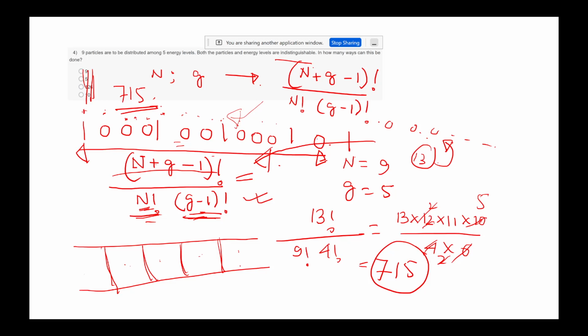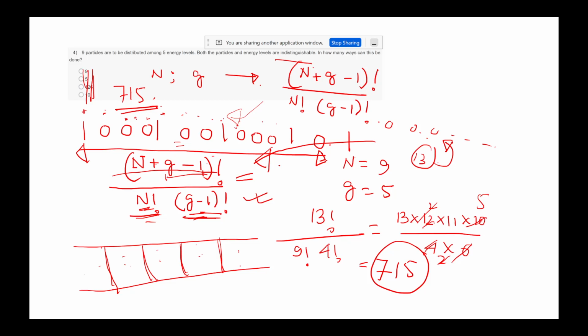That minus one is coming because we have to fix one thing. Because there are G energy levels, there will be G minus 1 partitions. From there the minus one is coming, but the basic concept of distributing, the factorial, comes like this.